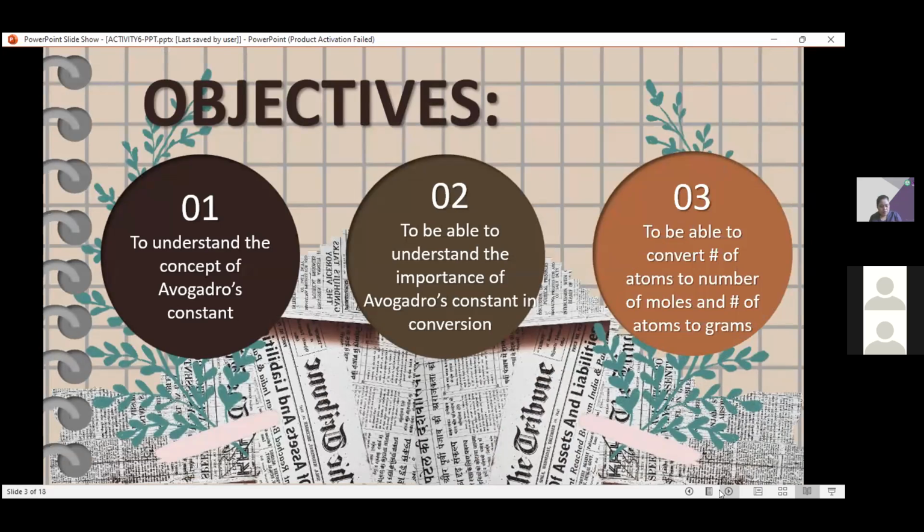The objectives are the following. First, to understand the concept of Avogadro's constant, then to understand the importance of Avogadro's constant in conversion, and to be able to convert numbers of atoms to number of moles and numbers of atoms to grams.